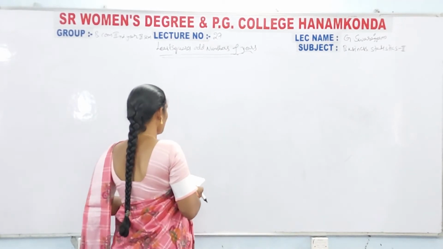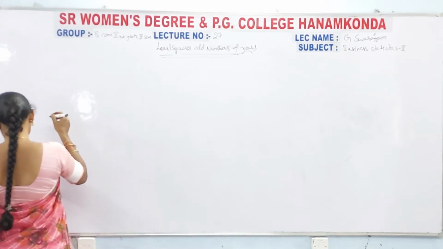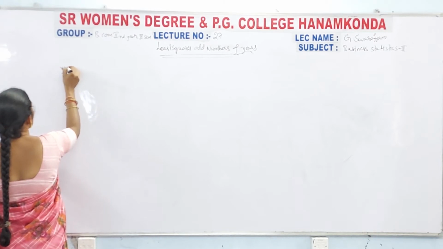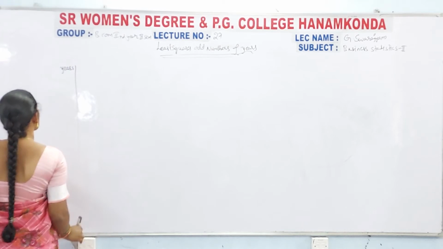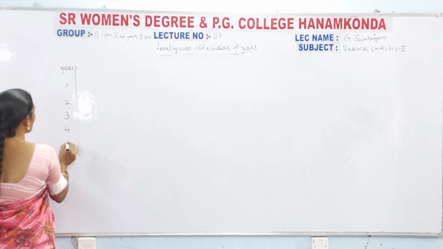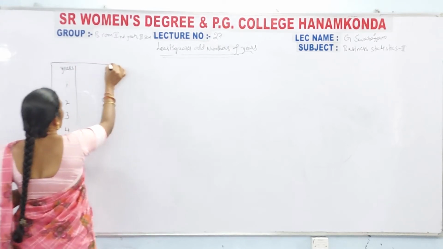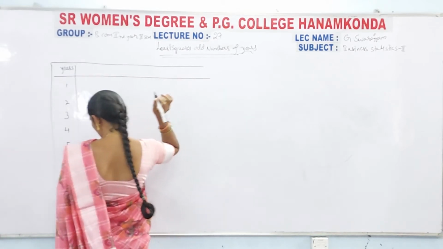Here we can write the years first: 1, 2, 3, 4, 5. Total odd numbers are given, and then the X value.